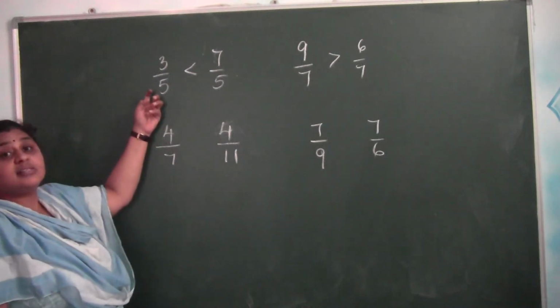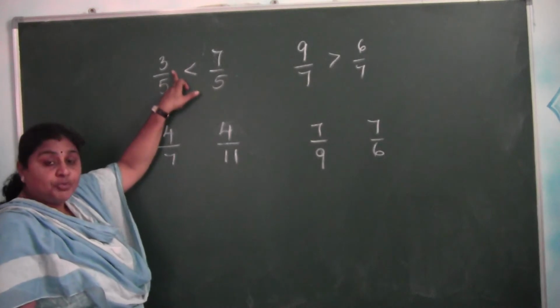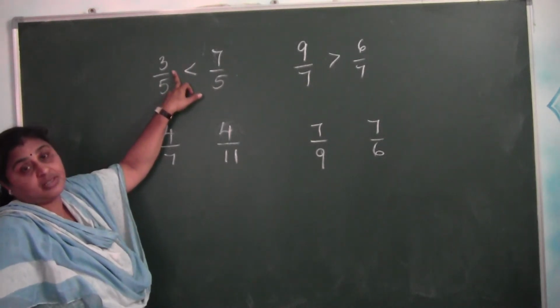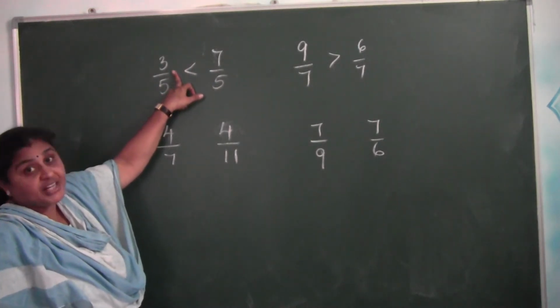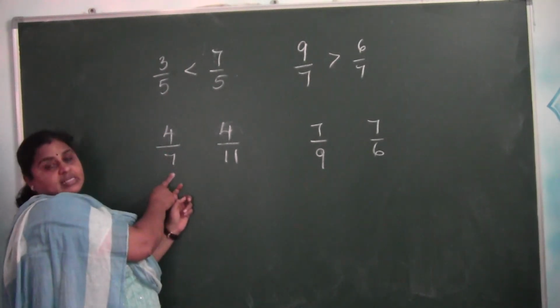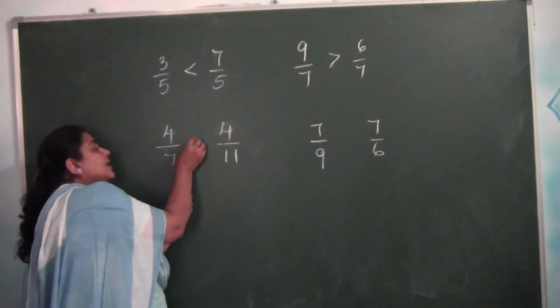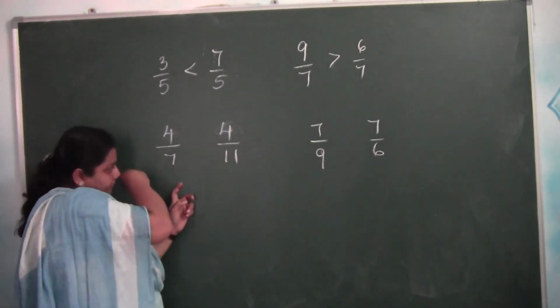In case the denominators are the same, I said the less the numerator, the less the fraction. But here, if the denominator is less, it means the fraction is greater.